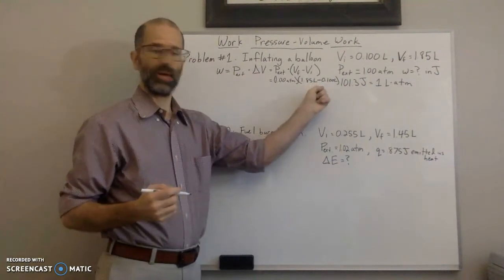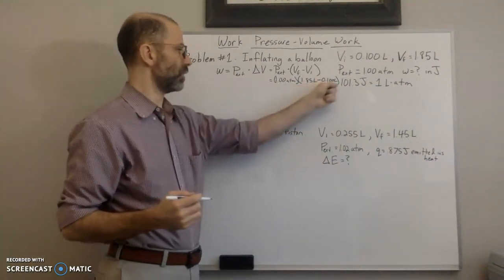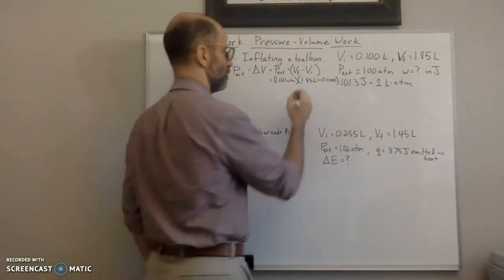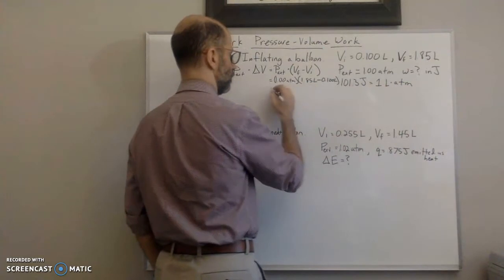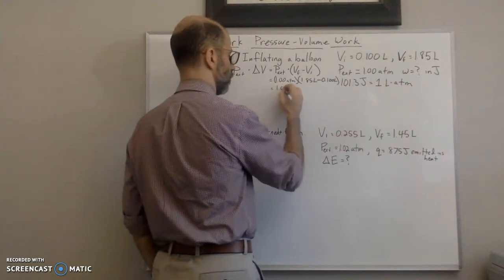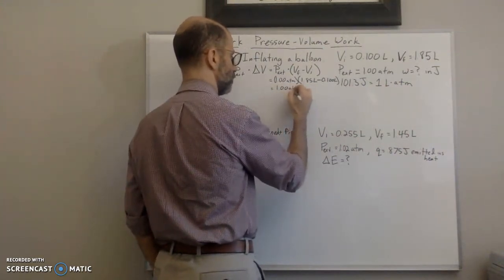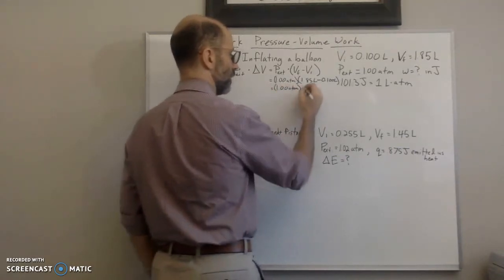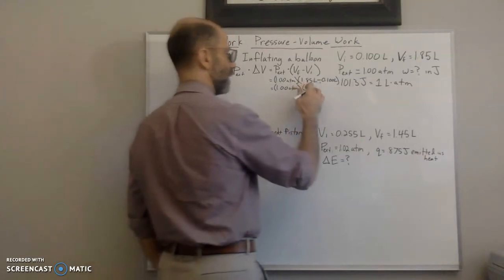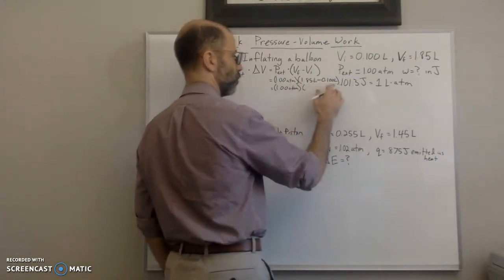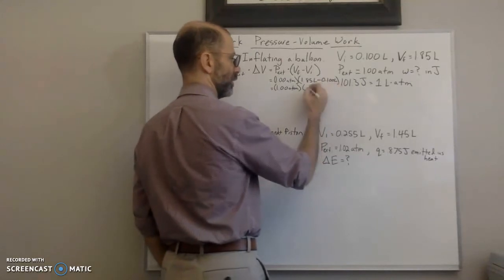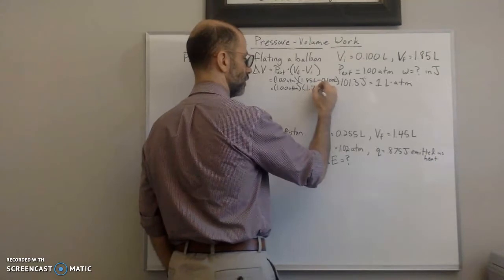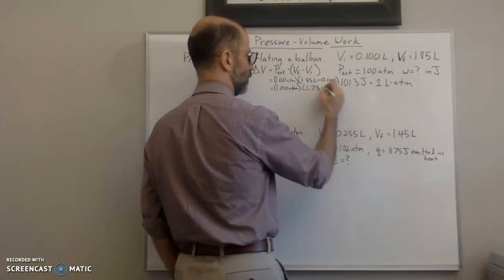So we have to subtract, and here we need to pay attention to the least number of decimal places. We have 1.00 atmospheres again for our external pressure, but then 1.85 liters minus 0.100 liters is going to be 1.75 liters.